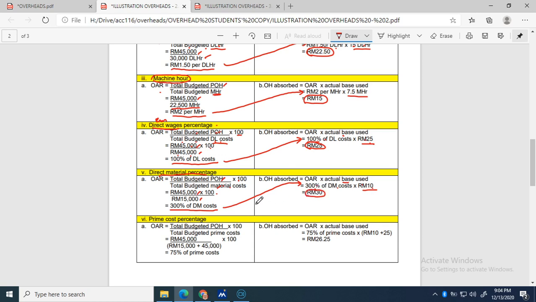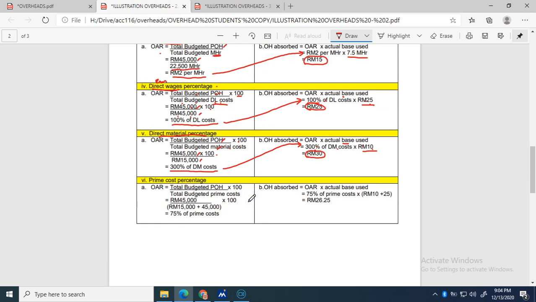Okay, and then the last method is prime cost percentage. So what is prime cost? Prime cost is all direct cost. Overhead is indirect cost. Direct cost consists of direct material plus direct labor plus direct expenses. So these are prime cost. Total budgeted overhead is 45,000 divided by prime cost.